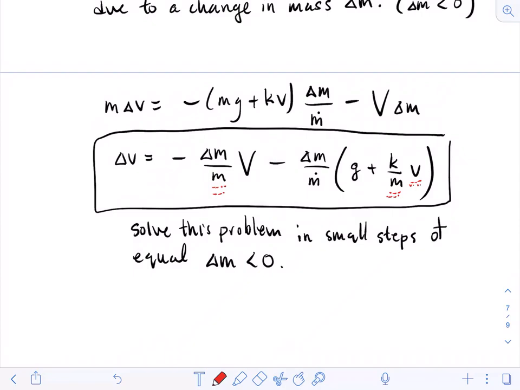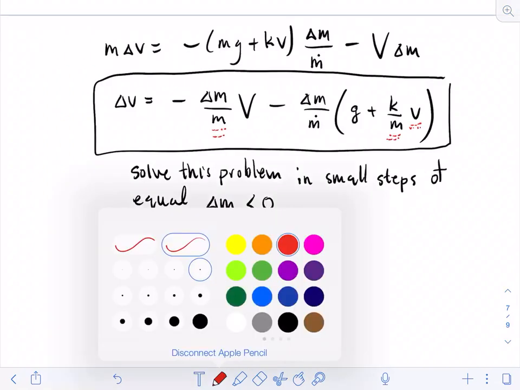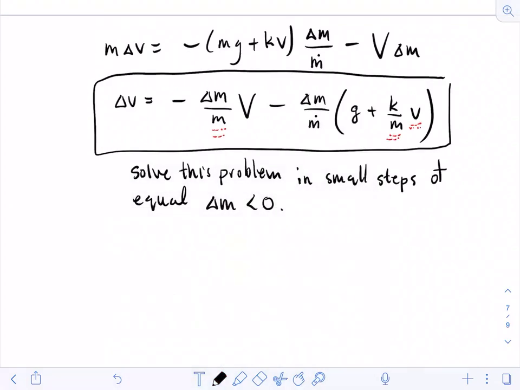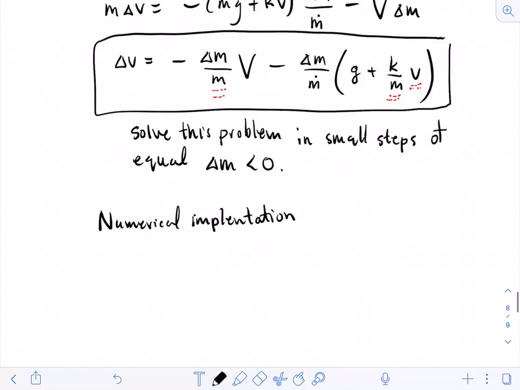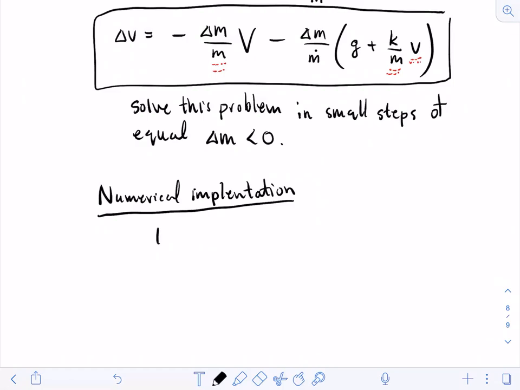Okay, so the implementation in our numerical solution is the following. So the numerical implementation would look something like, we would have some initial conditions.